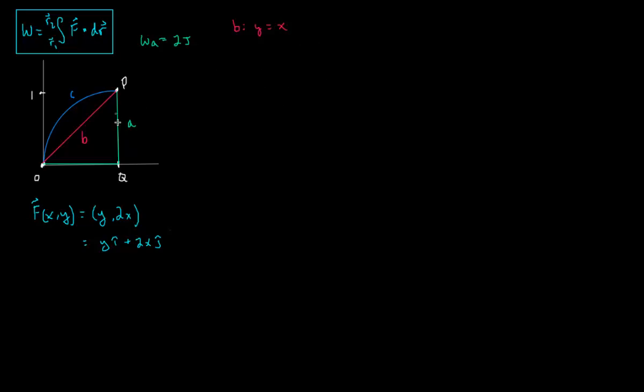Looking at my game plan again, I have this force, defined as y in the i direction plus 2x in the j direction, and I do not have dr. So what I want to do first is find an equation for the position r, usually in terms of t, equal to x of t in the i direction plus y of t in the j direction.